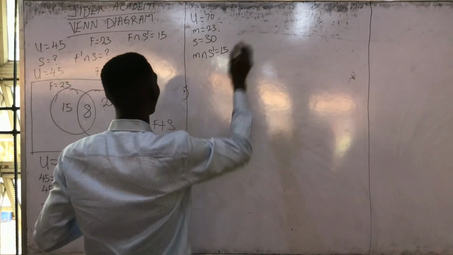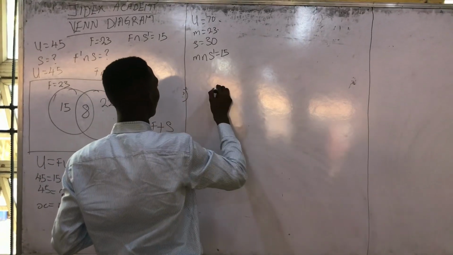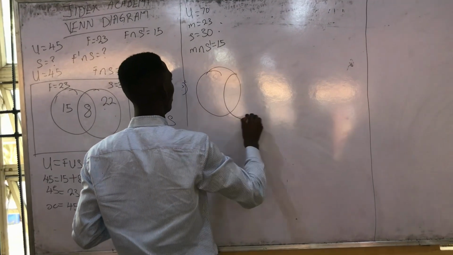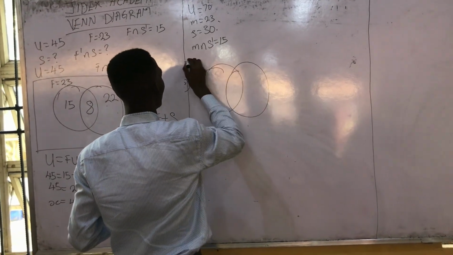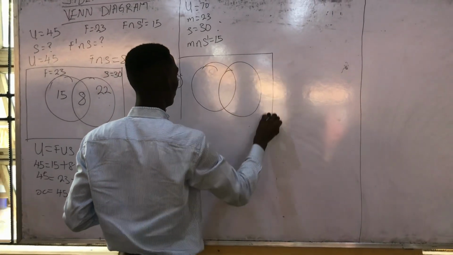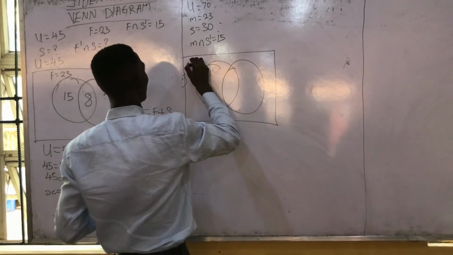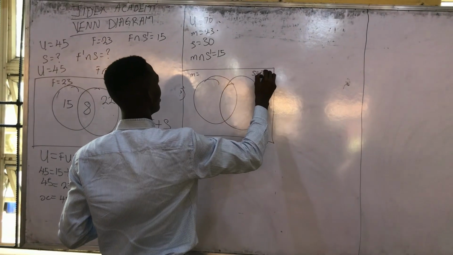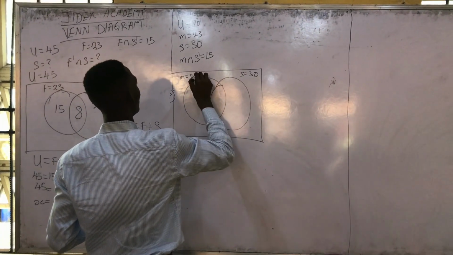Alright, let's present this in a Venn diagram. Let's draw a circle and the other circle. So this is mathematics, this is statistics. Statistics is 30, mathematics is 23.